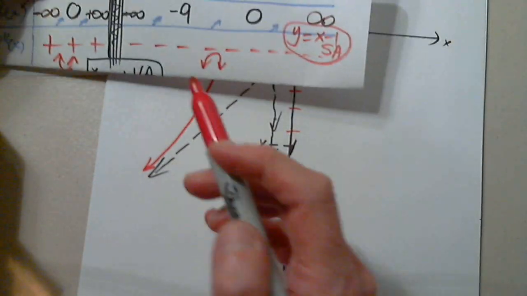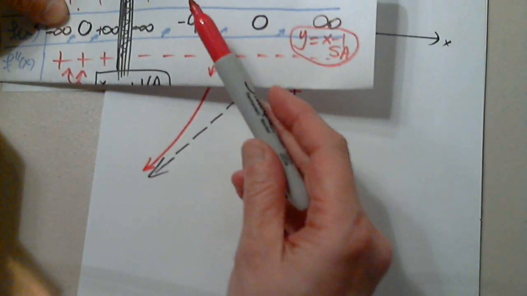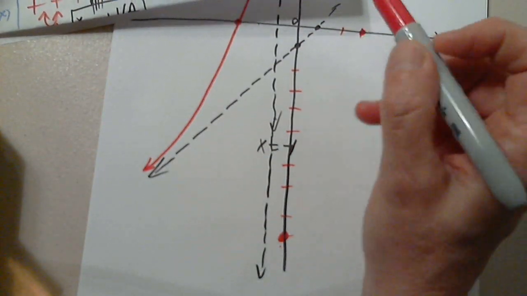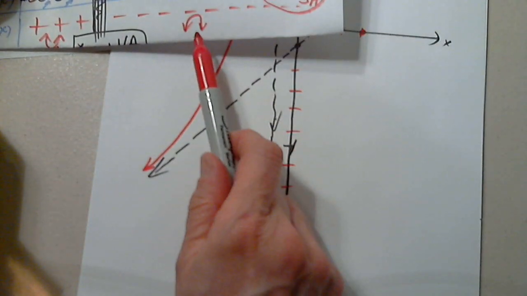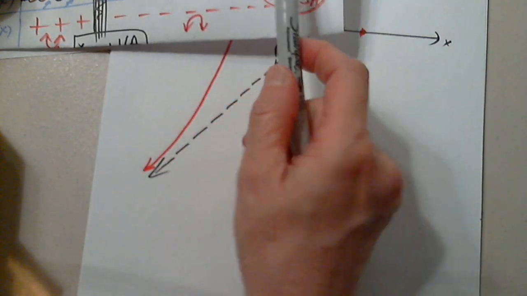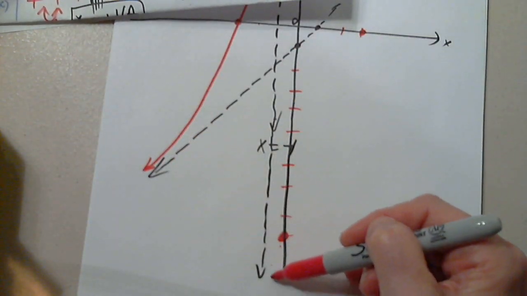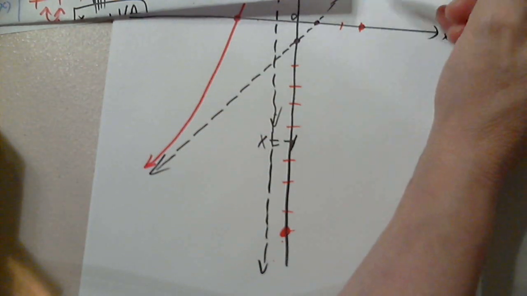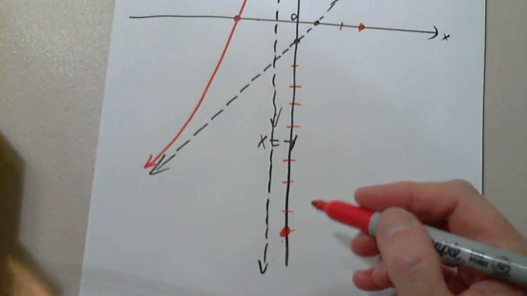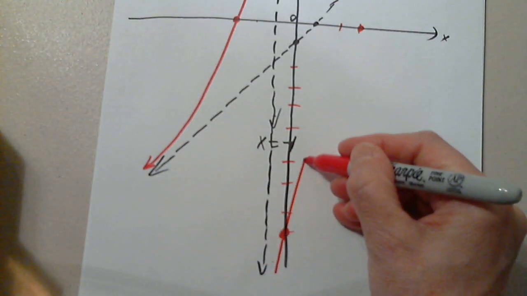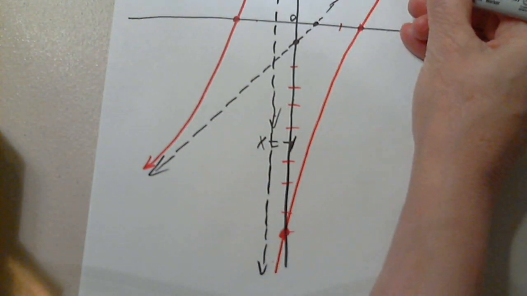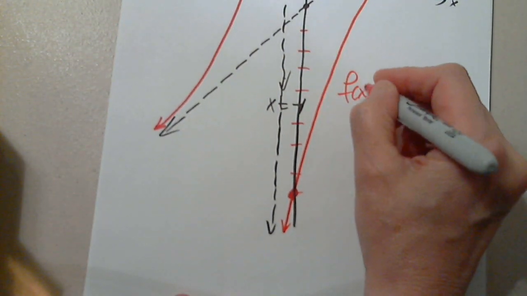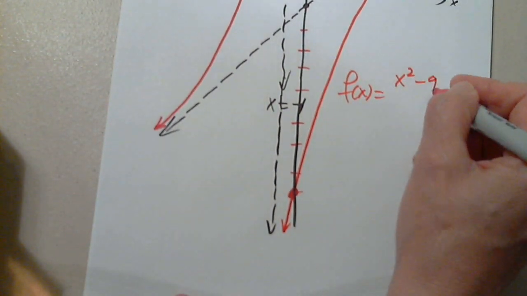From -infinity, crossing at 0, -9, crossing at 3, 0, always opening down, always increasing from -infinity, crossing, approaching the asymptote at positive infinity. That's all I needed. So this is f of x. You chose a very nice function.